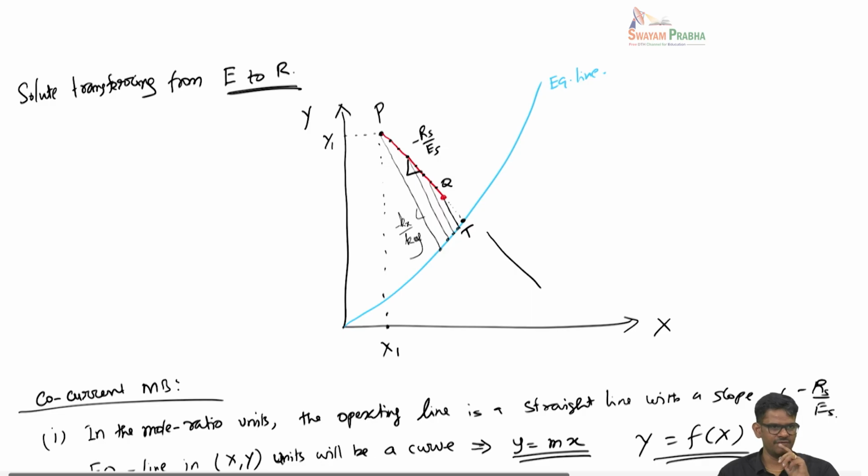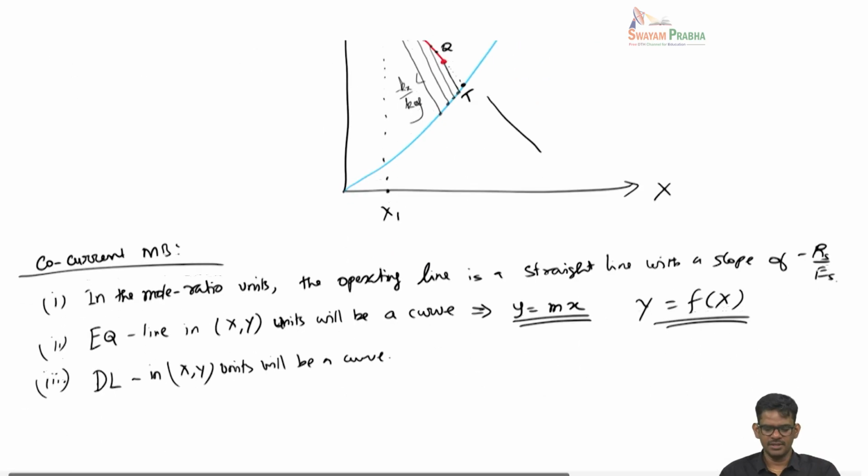Okay, so that's why I'm trying to emphasize using mole ratio units or mole fraction units. You can ask, when can I use these interchangeably? Is there a scenario where I don't have to worry about mole ratio or mole fraction units? Yes, if the compositions are very dilute.